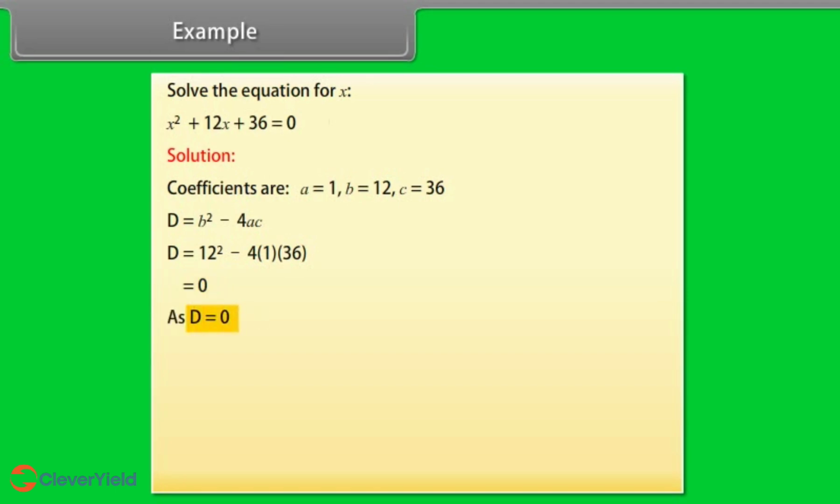As d equals to 0, so the root is x is equal to minus 12 by 2 into 1. Now solving, we get x is equal to minus 6.